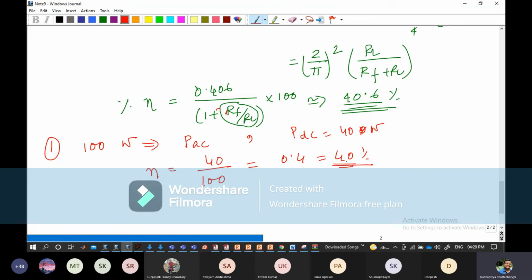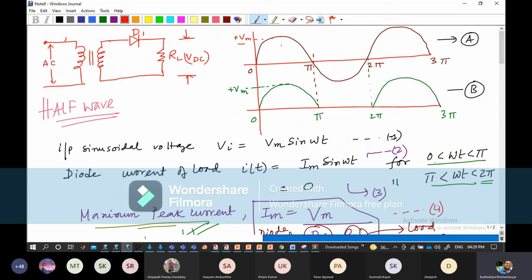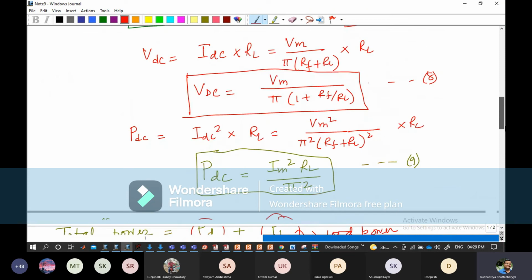Remember, in half wave, what is happening? If you observe the diagram once again, only when this is plus do we get some output. So this part is completely negated. So already from the total supply, we are eliminating 50% of the power. We are losing 50% anyhow. From the remaining 50%, 40% is the efficiency that we are getting.